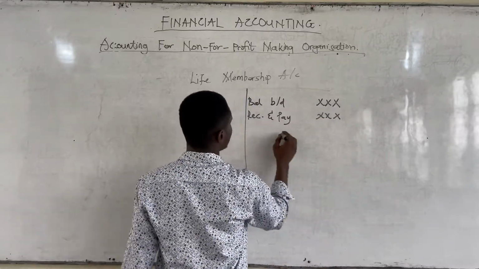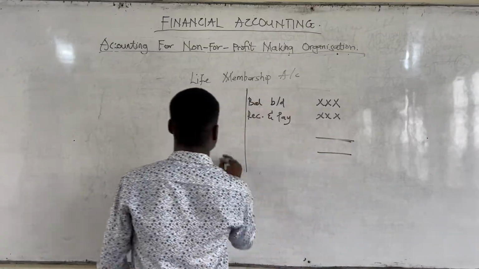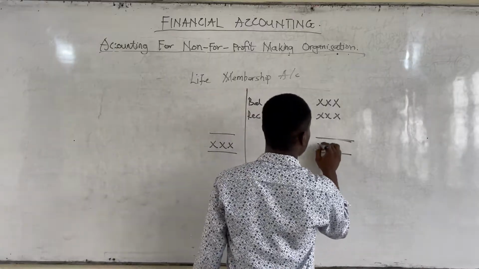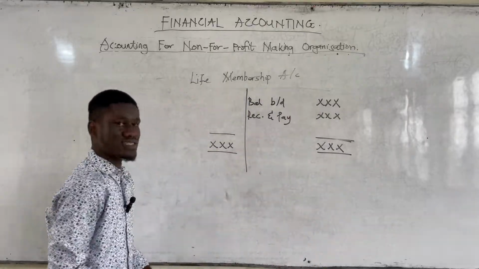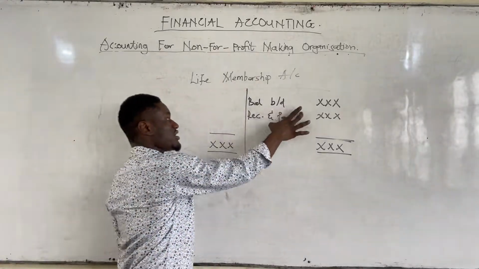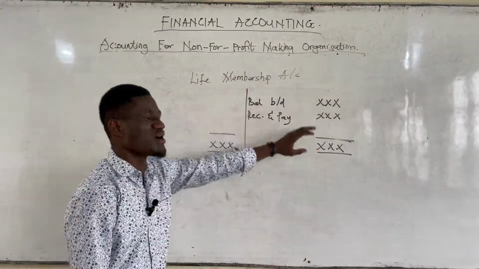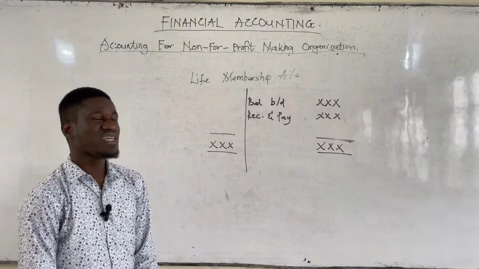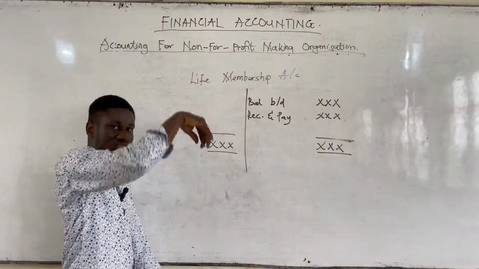Then we have our totals. So with this, receipts and payments relates to any amount that we received during the year, okay? So let's say we are in 2019 but received life membership amount for 2020. We are going to record all those amounts here. Do you get it? But what we will record here is the amount relating to that particular year.